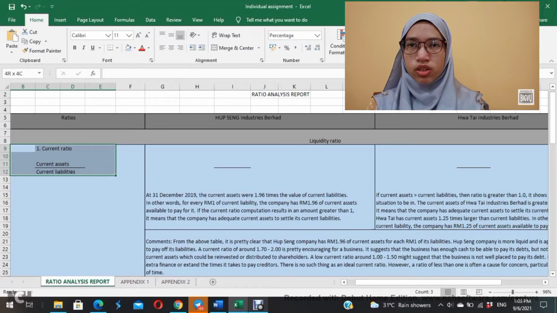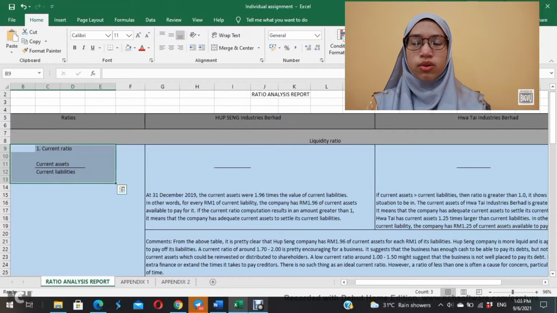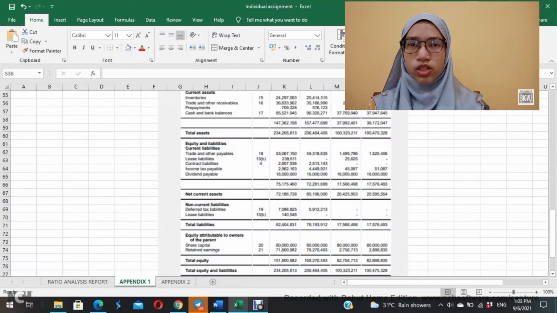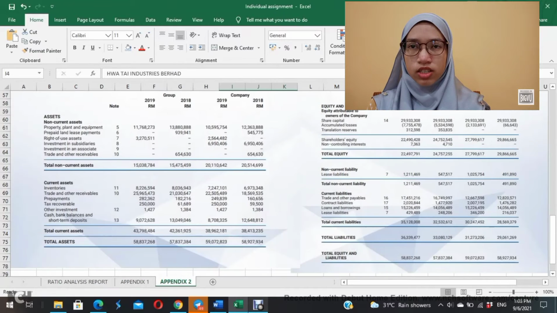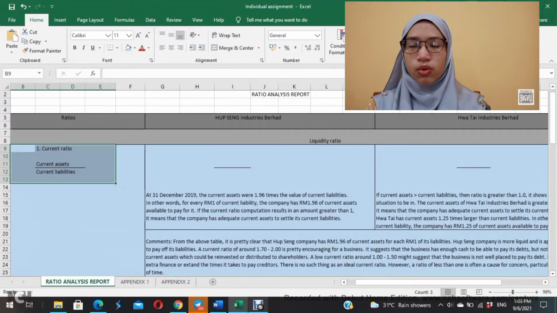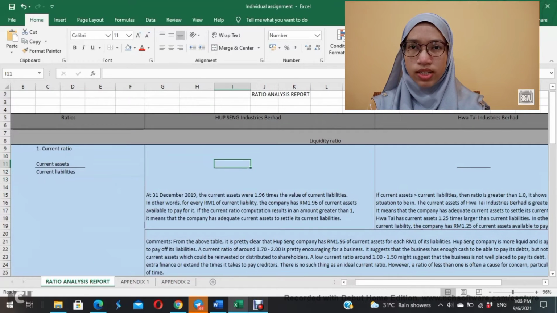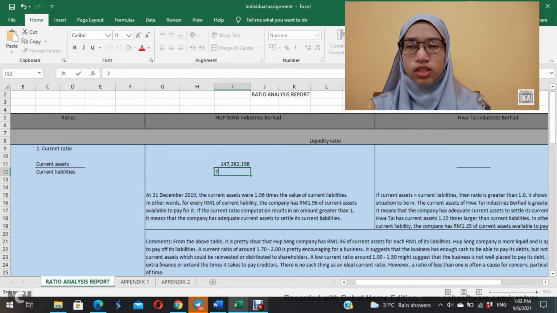The current ratio is calculated by dividing current assets by current liabilities. We can get the data from the financial position for both companies. Such example for Hapseng Industries Berhad, the current asset for this company is 147,362,198 ringgit divided by 75,175,460 ringgit of its current liabilities.